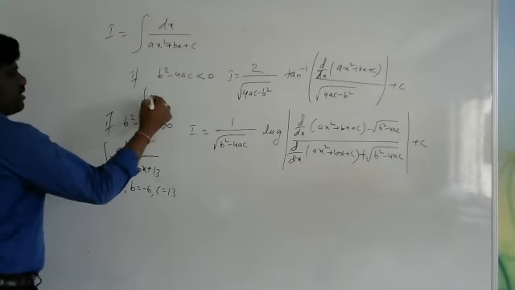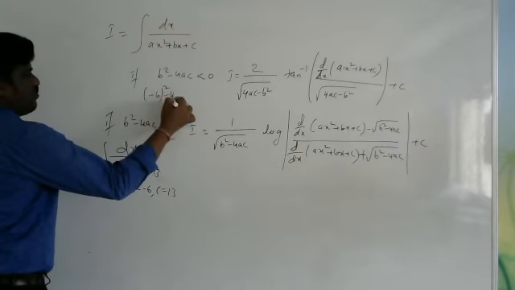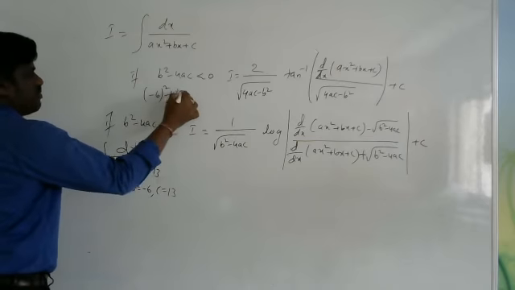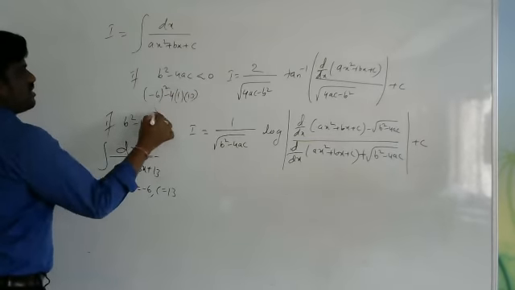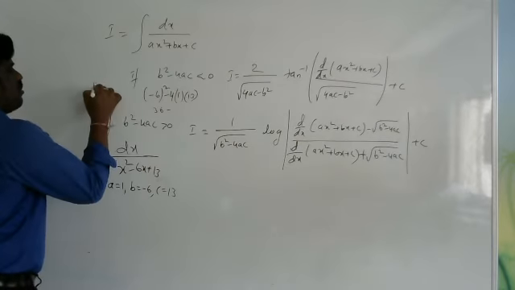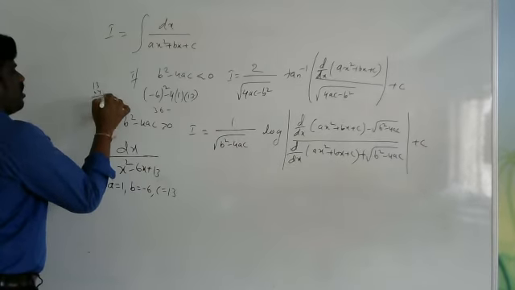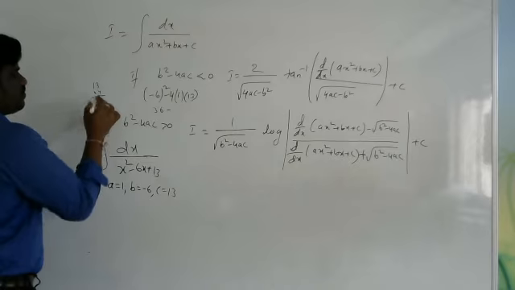So b square, that is minus 6 square, minus 4 into a is 1 into c is 13. 6 square is 36 and 13 fours are 52.